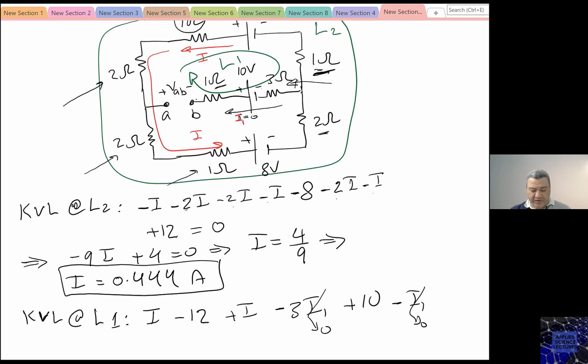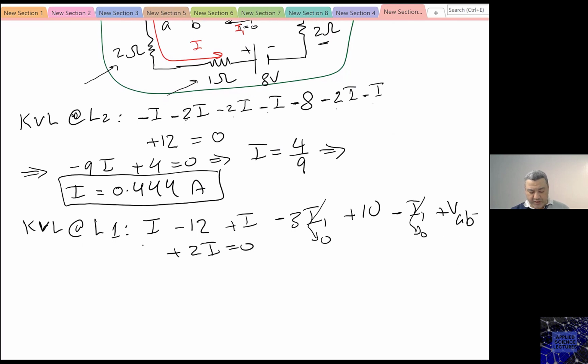And then entering the VAB from minus, so plus VAB, and then the last one is this. It would be again plus 2I equals to 0.